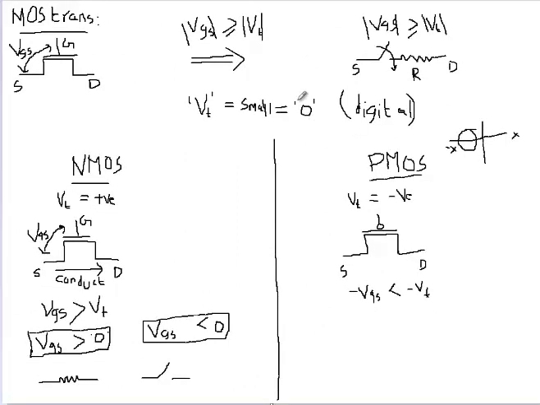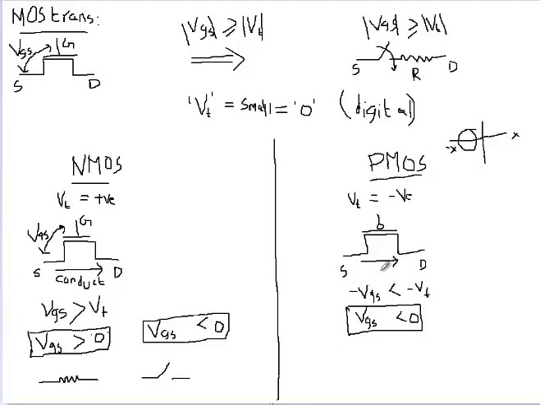And again, when we make a statement like VT is 0 in the digital world, your VGS should be less than 0. Basically it should be a negative voltage for a PMOS to conduct. So when VGS is less than 0, your current flows from source to drain, it will conduct.